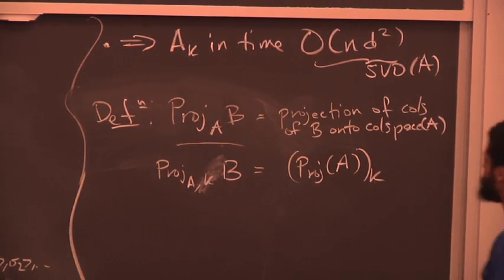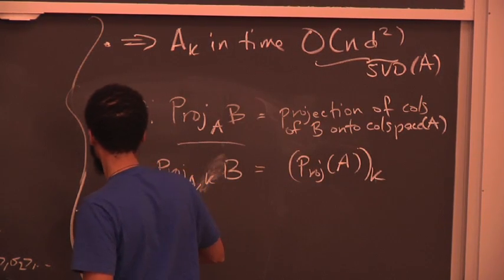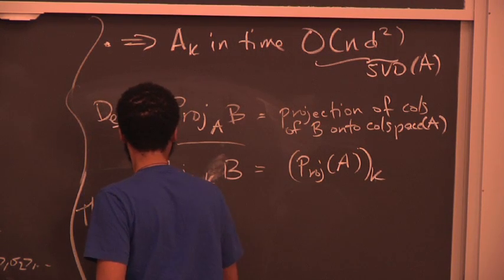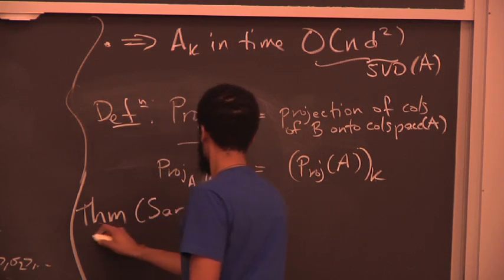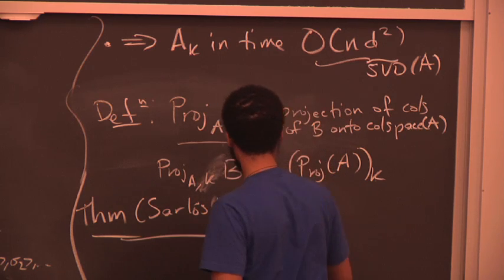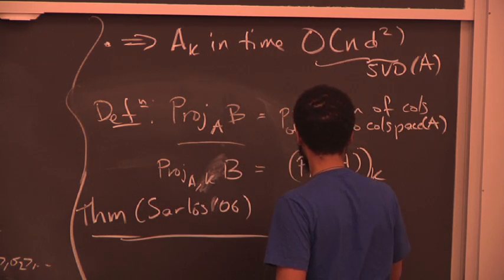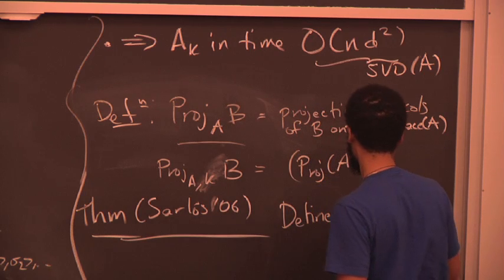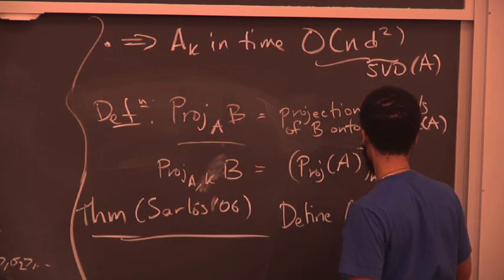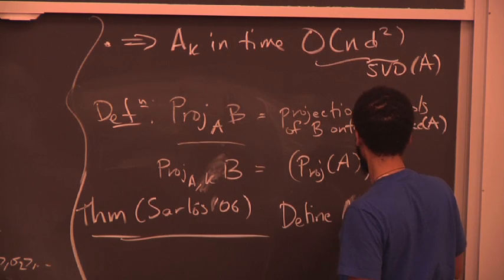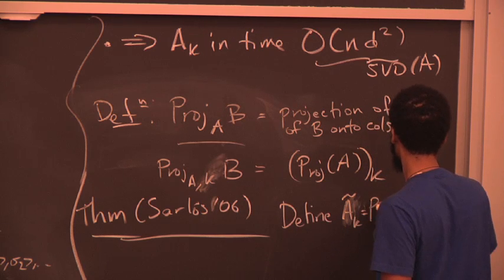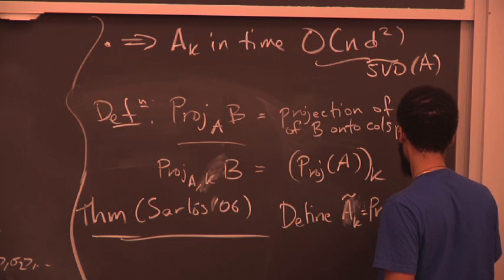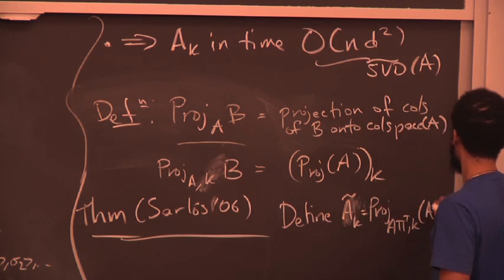And now let me write the theorem. So define A tilde k as being the projection proj_{A pi transpose, k}(A).